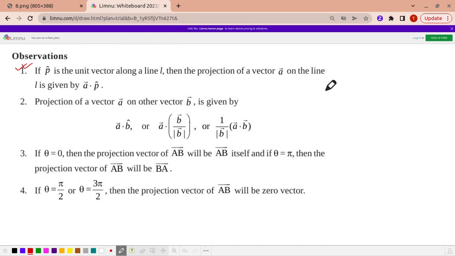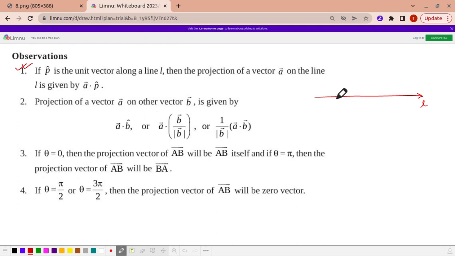How come? Let me give you a visual representation. Suppose this is the line L, a directed line segment L. Now, what is the vector P?